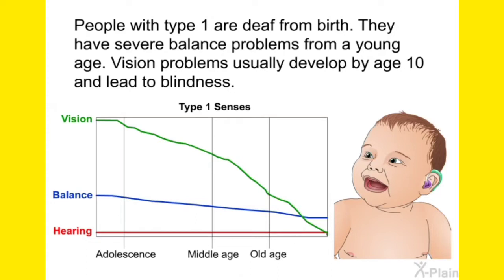If the baby is deaf at birth and also has balance problems from a very young age, that means the ear is affected very much, and later with time, by the age of 10, the child also develops vision problems that lead to blindness. That is type 1. So you can understand.